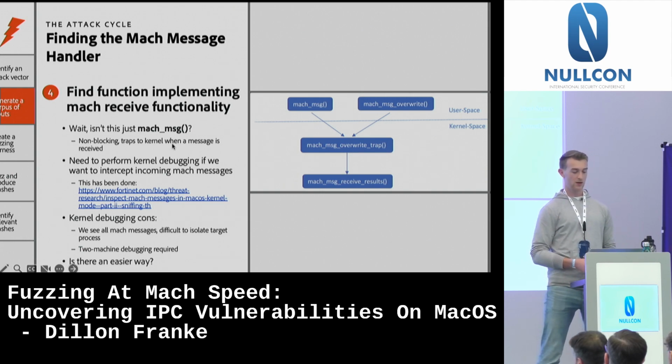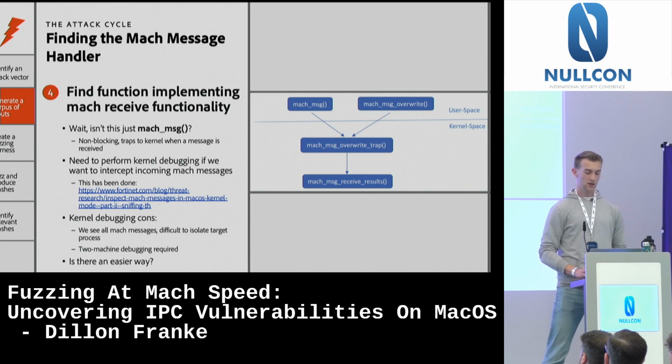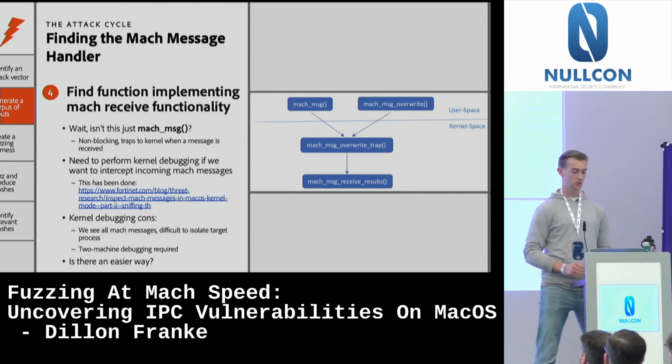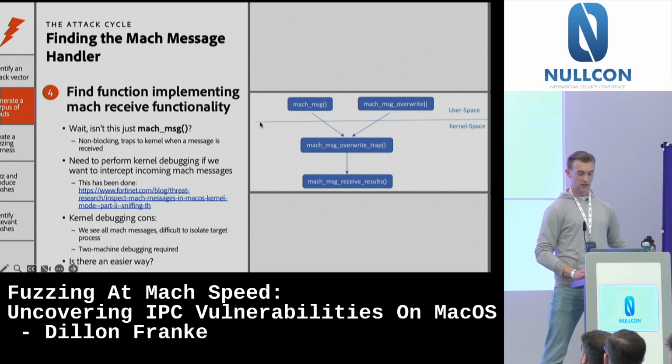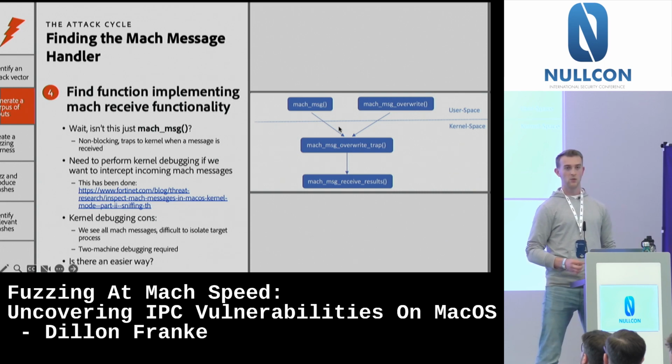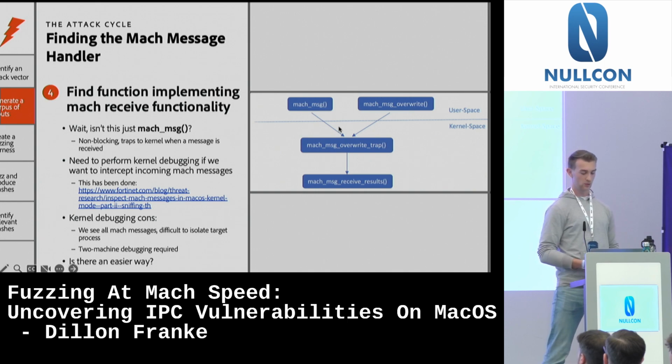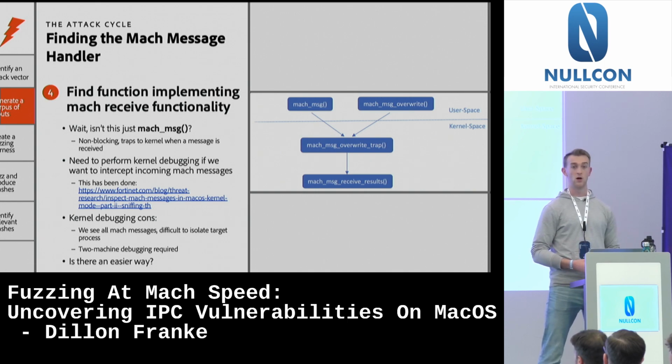The next step here was then finding the function that implements the Mach receive functionality. And you might be asking yourself, well, isn't that just the mach_msg function that we talked about earlier? And it is, but it gets a little bit more complicated than that because we actually trap into the kernel when we're receiving a Mach message.